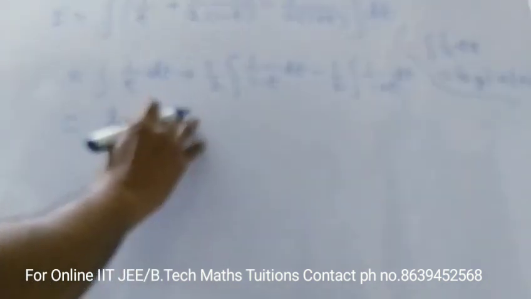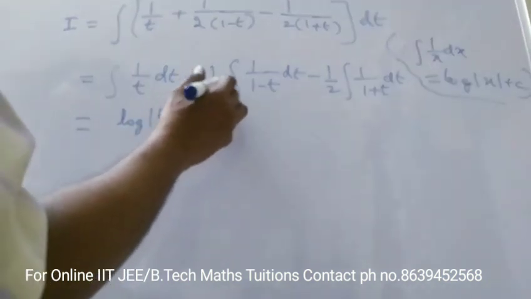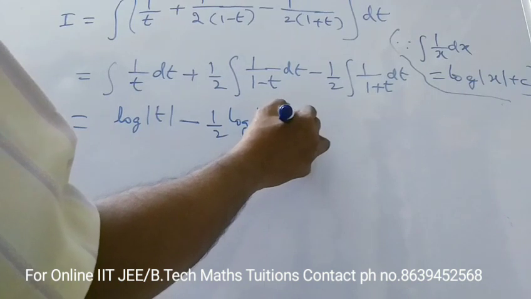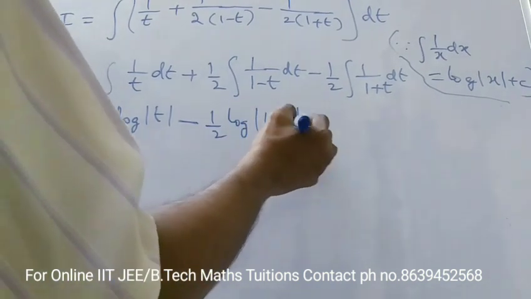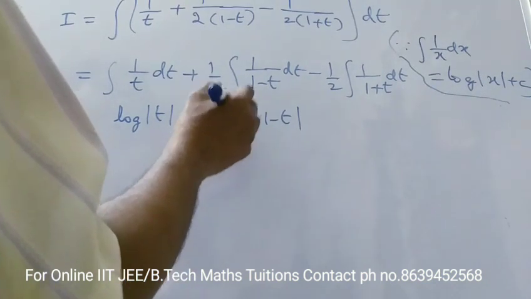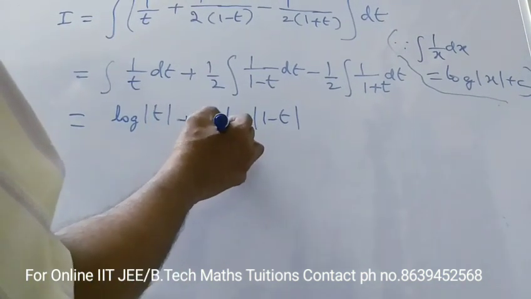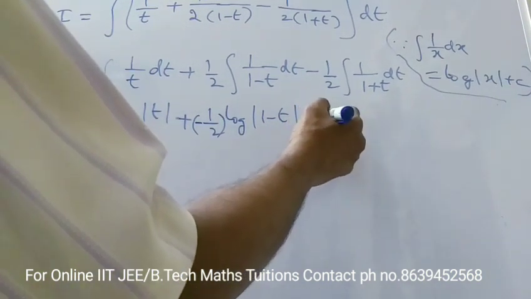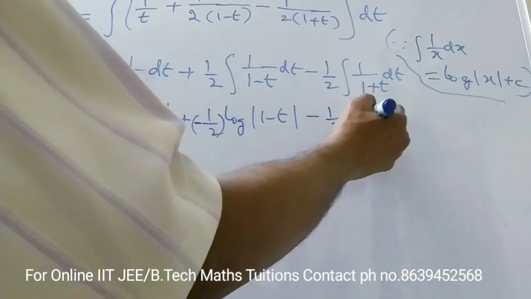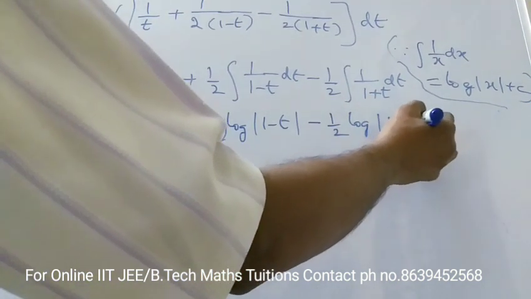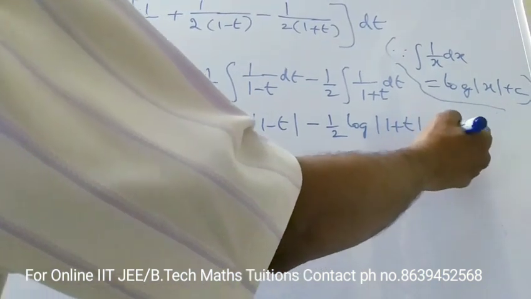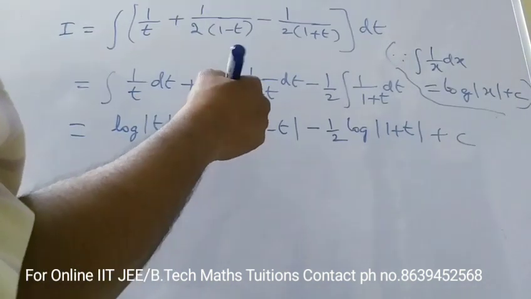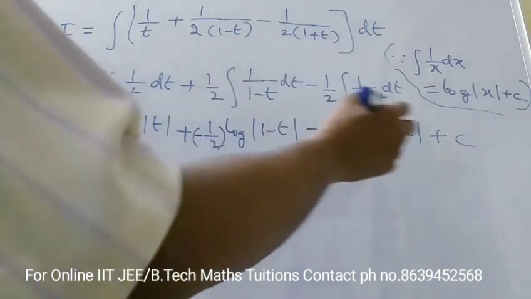Minus into minus gives plus, so 1 by 2 log modulus 1 minus t, plus minus 1 by 2 of log modulus 1 plus t, plus c. The constants C1, C2, C3, the entire constant of integration becomes c.